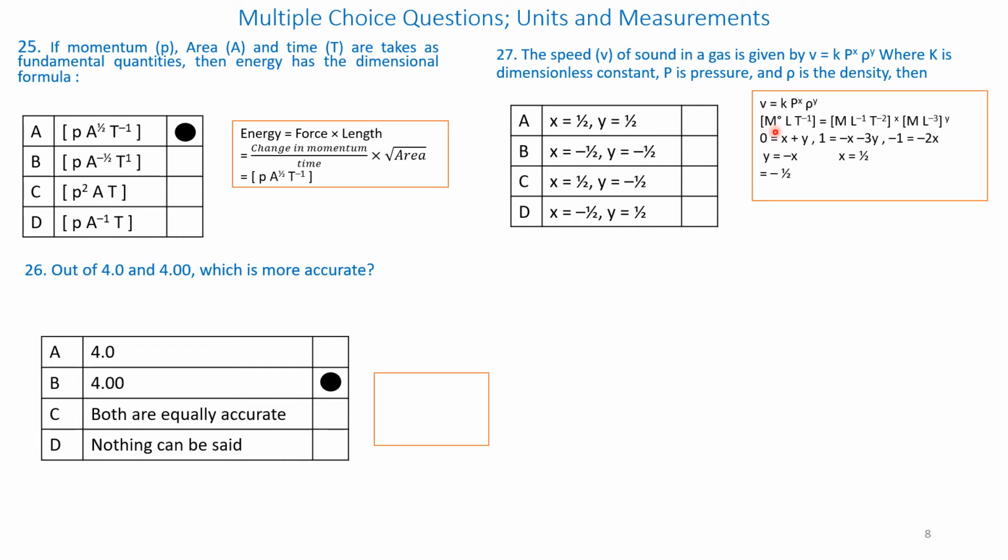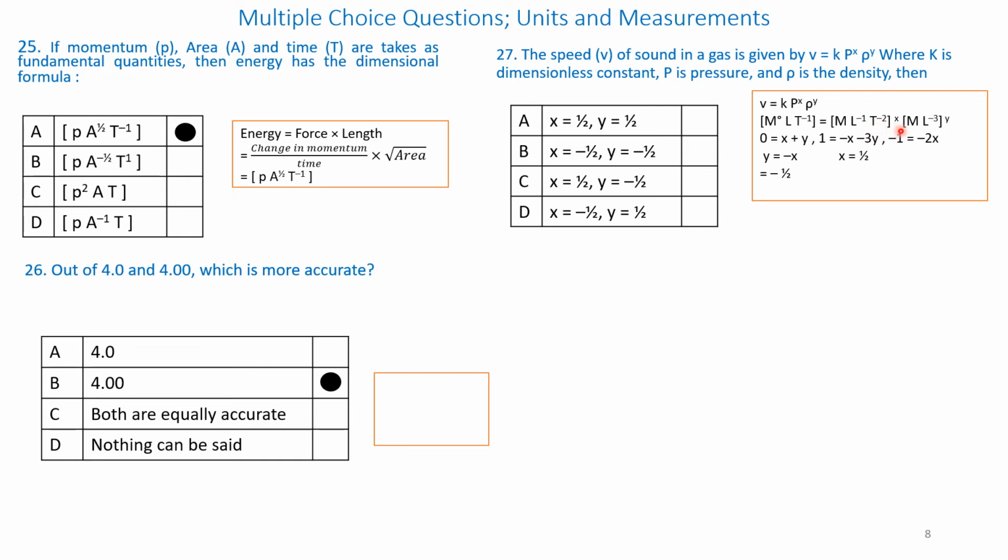We know that on the left hand side it is M to the power of 0, L T to the power of minus 1. On the right hand side, k is dimensionless. So we have to put for pressure. Pressure is mass per unit length per time square. Therefore, P is M L to the power of minus 1 T to the power of minus 2. You have to remember the dimensions of pressure: M L to the power of minus 1 T to the power of minus 2.